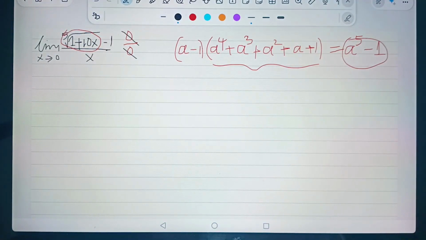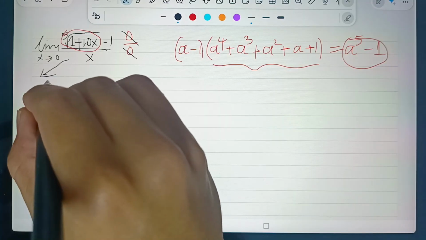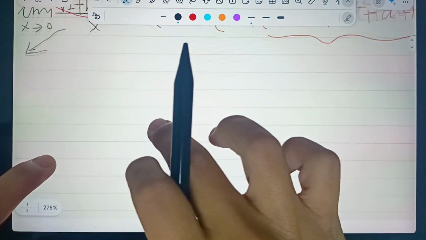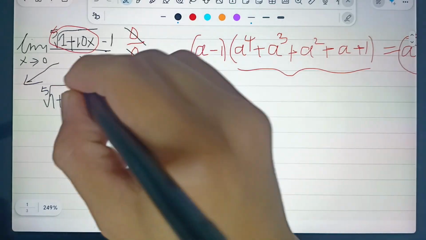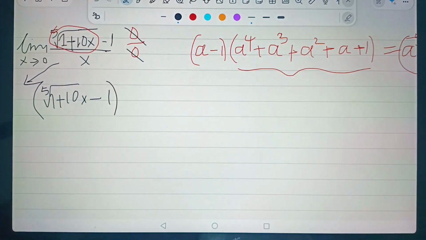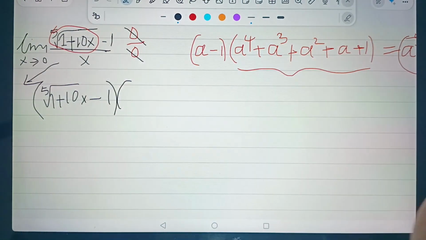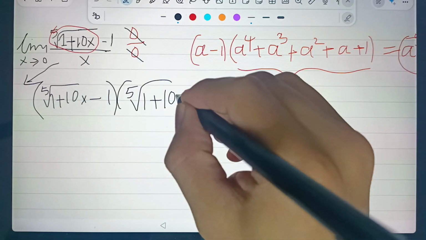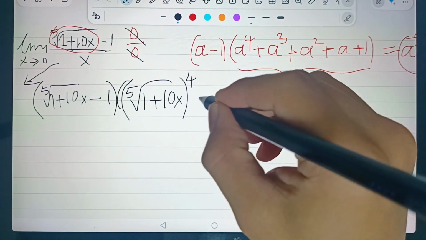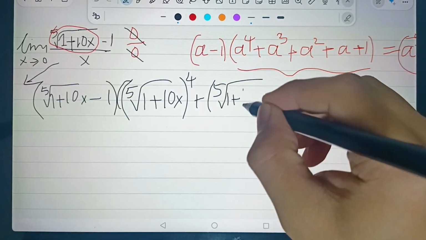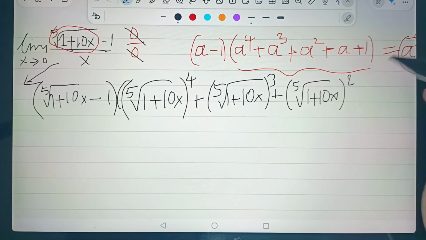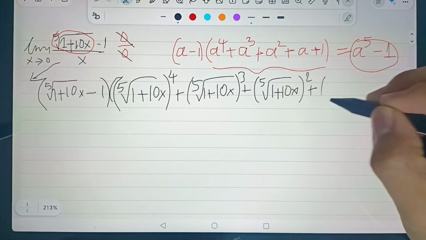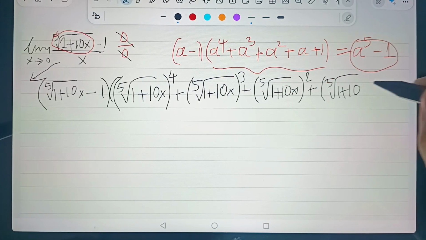So let's multiply the top: the fifth root of 1 plus 10x, minus 1, times the fifth root of 1 plus 10x, this whole thing to the power 4, plus this whole thing to the power of 3, plus this whole thing to the power of 2, plus the fifth root of 1 plus 10x, and plus 1.